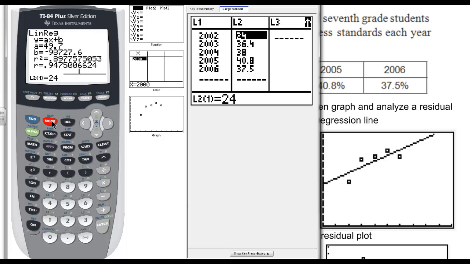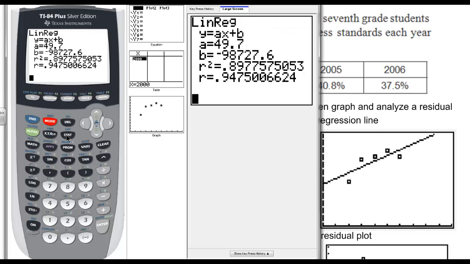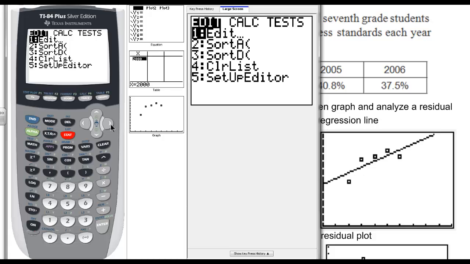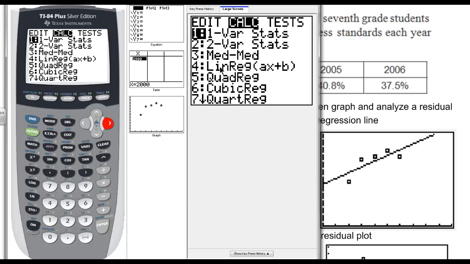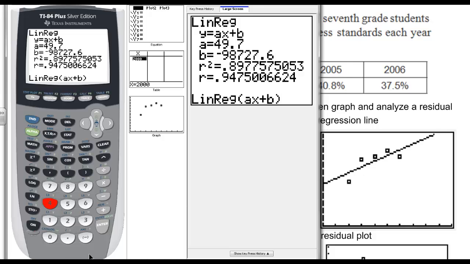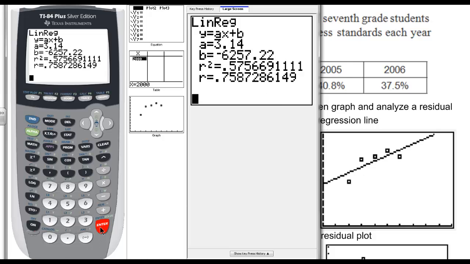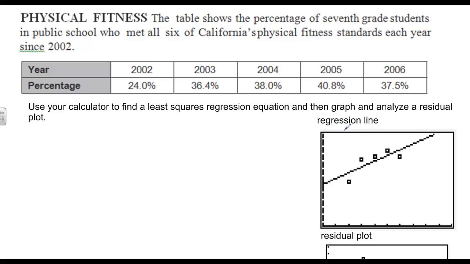So we're going to quit out of here. Again, you can pause in between all these steps if you need to and rewind as much as you need to. We'll hit Stat, Calculate, and LinReg once again, 4, hit enter, and we have a calculated value of 3.14 for M and negative 6,257 for B. So I'm going to go ahead and write that equation on my page.